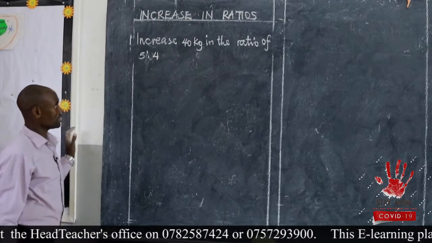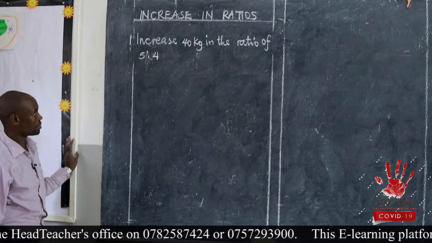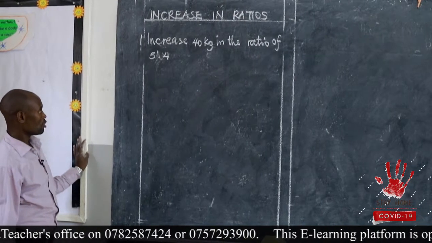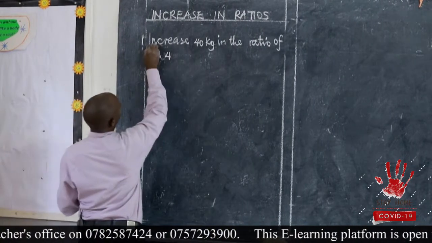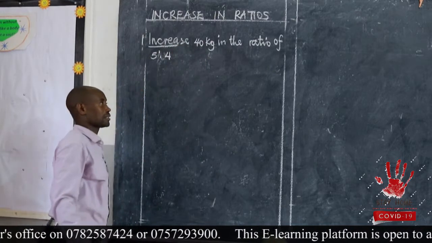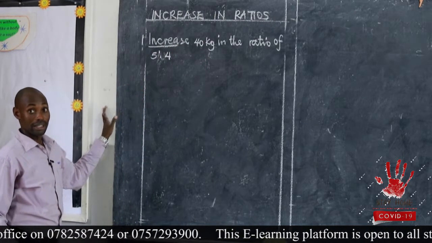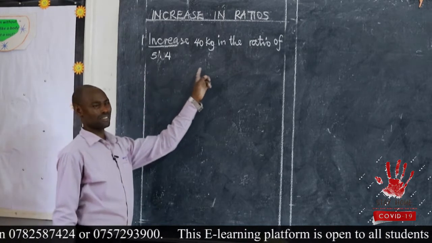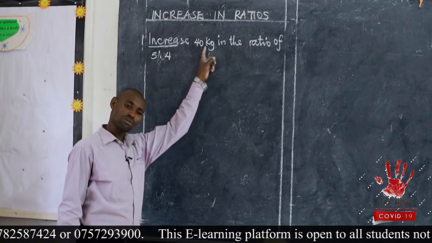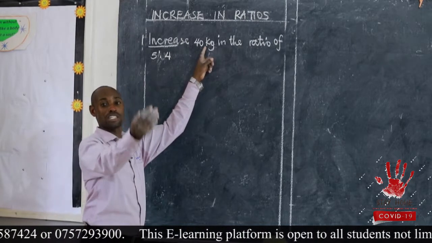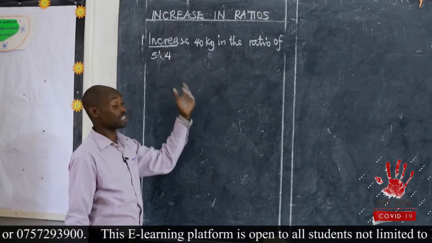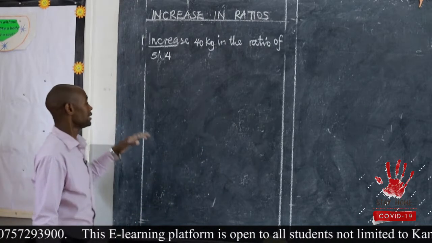We are going to increase 40 kilograms in the ratio of 5 to 4. If you have been told to increase 40 kilograms in this ratio, after getting your answer, you should check: has this number increased from 40 to a number which is bigger? That's how you can prove that you have really done what we are calling increase.